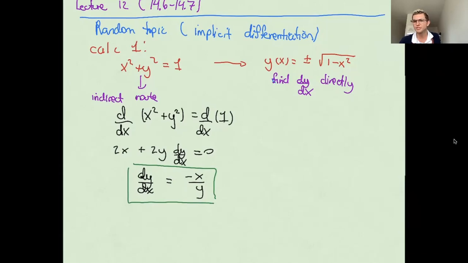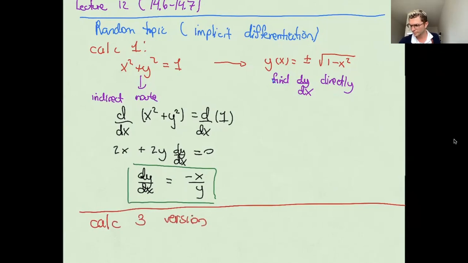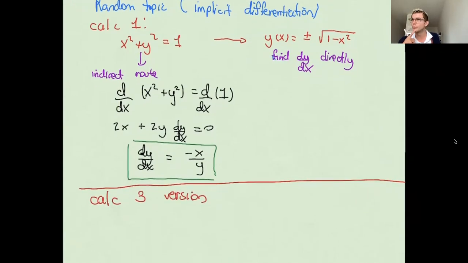Now the whole point is that you can do the same in this class. So here's the 251 version, or the multivariable version, the Calc 3 version. For example, you could take the equation of a sphere, which involves x, y, and z.